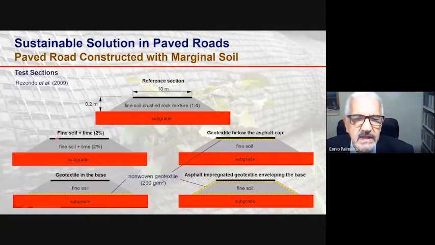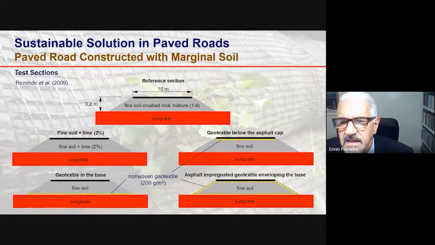This other section is a section of a pavement with a mixture of fine soil and 2% of lime to improve the fine soil properties, and 3 other pavement sections with the use of geosynthetics.